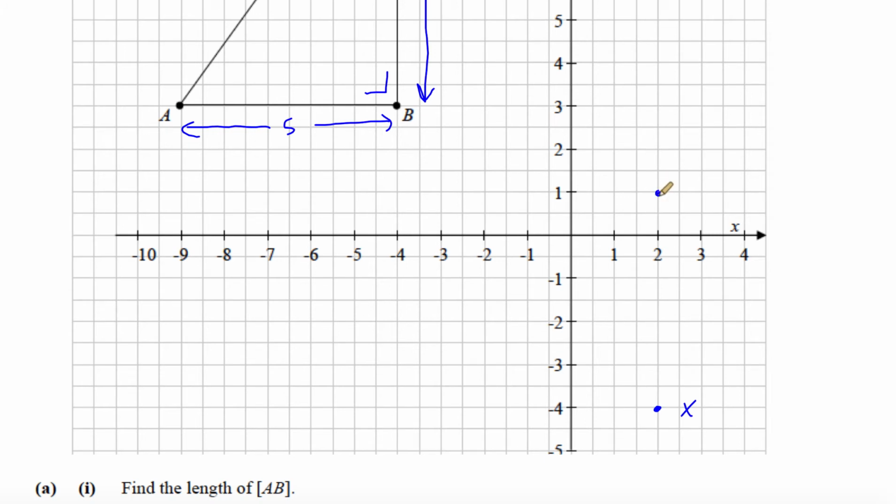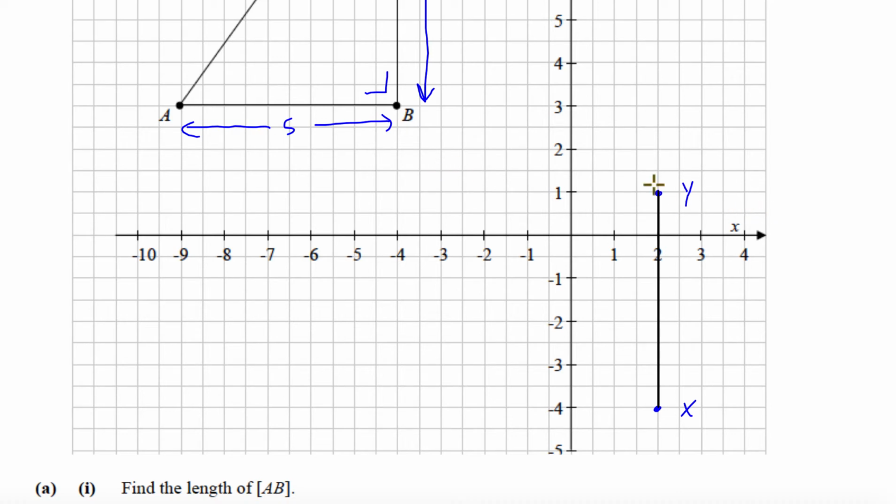So there's the point Y. Okay, so if we join these points up, we see we have a vertical line and it goes from 1 down to minus 4. So that's a distance of 5. So this is the line that corresponds to AB.